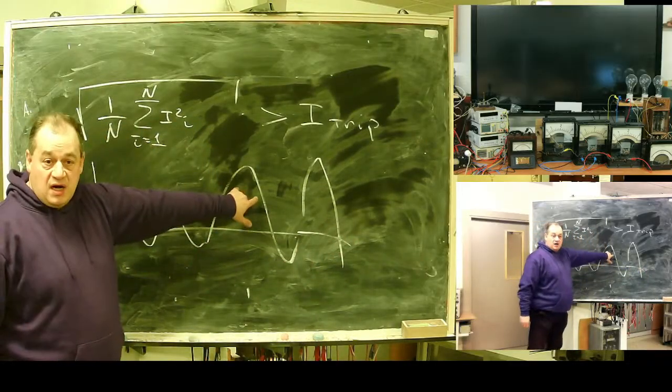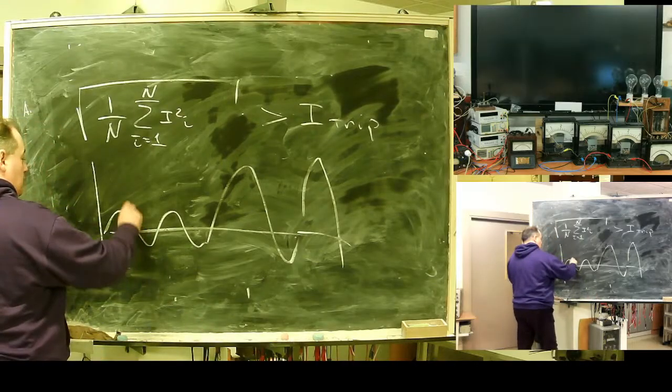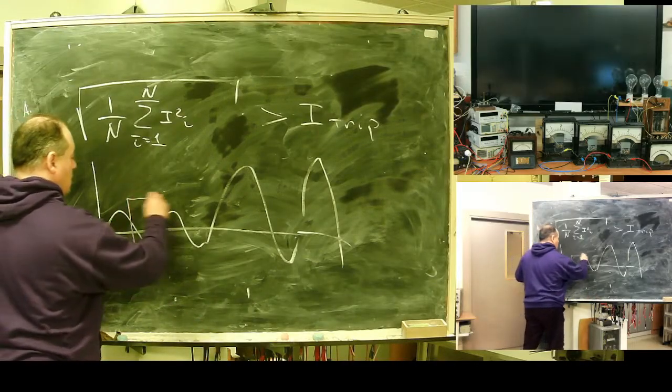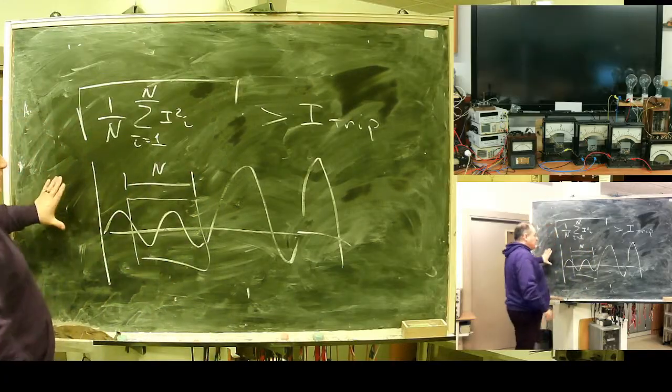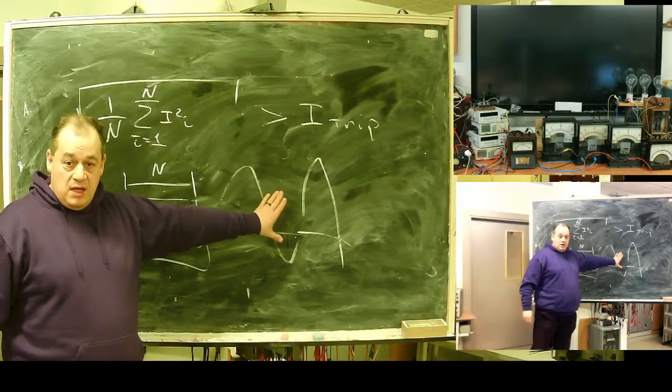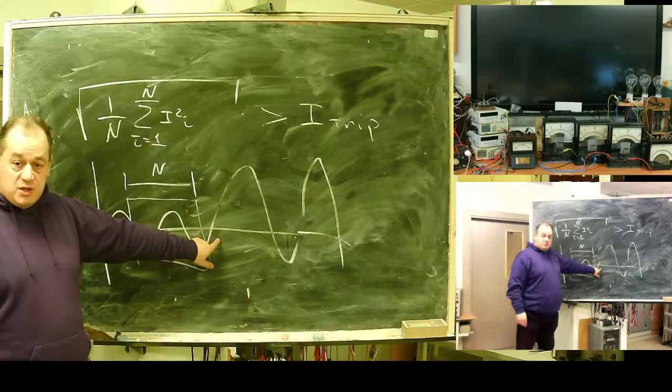Normal current, full current. In reality, I have a sliding window of n points. It slides all through.